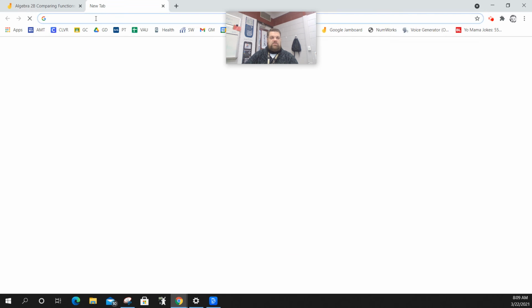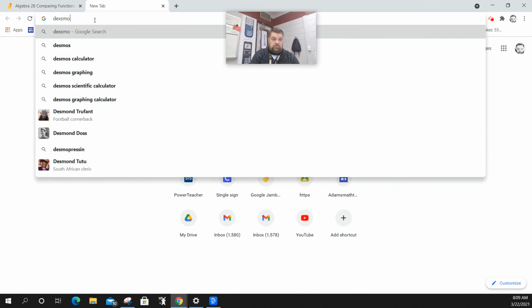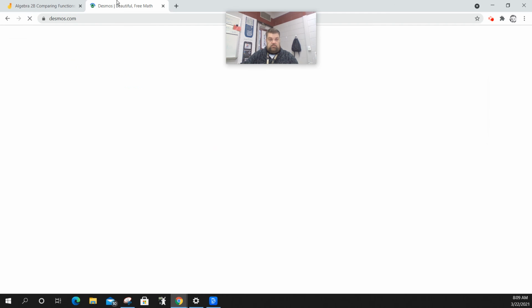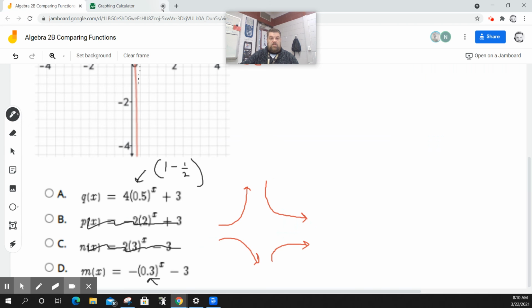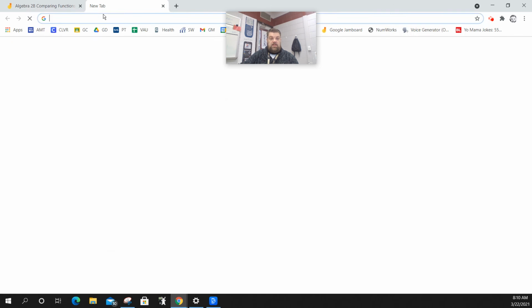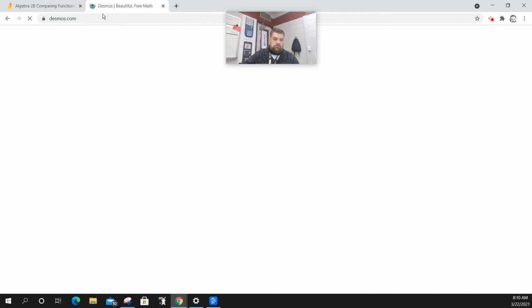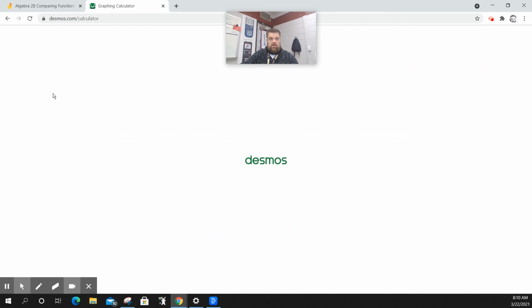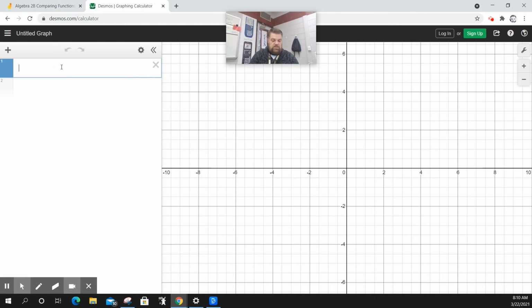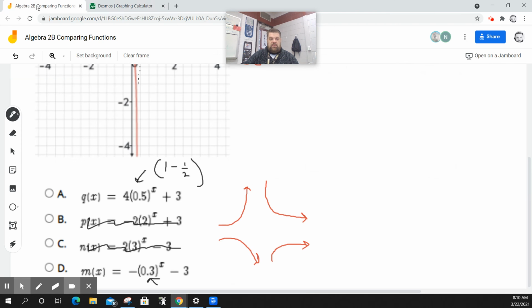I could graph this in Desmos just for the fun of it. Dang it. So our first function is 4 times the quantity 0.5 raised to the x, I believe it was plus 3, right? Let's double check that. Yeah.